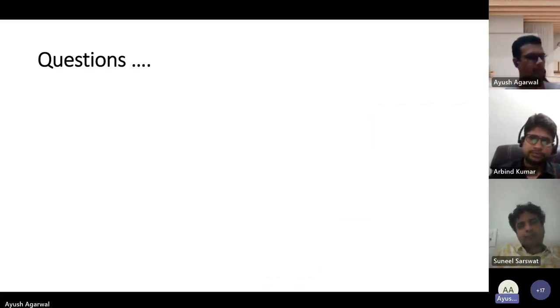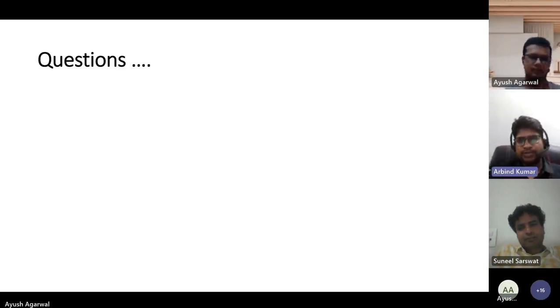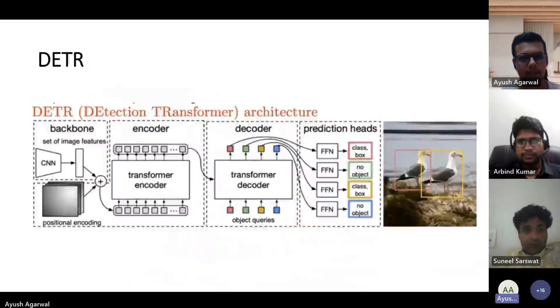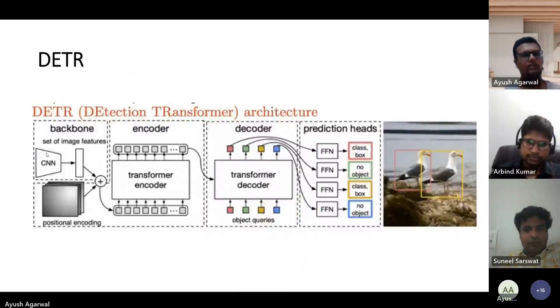And now we can take up any questions. Ayush, have you observed any major difference in the image encoder in ViT and this method? There is not an encoder per se in this. In ViT, you would pass patches that are flattened to the encoder.